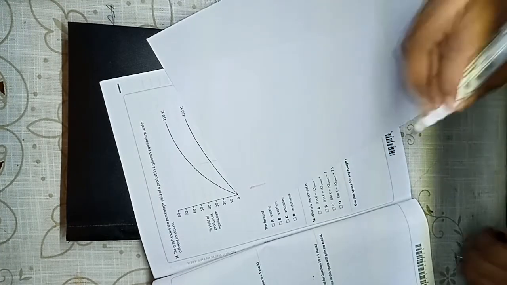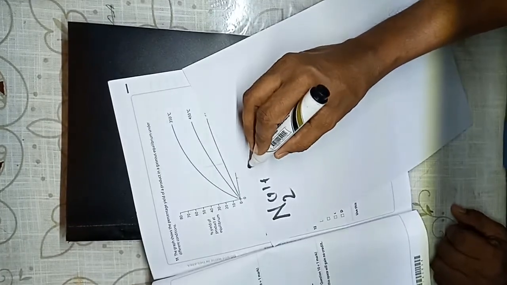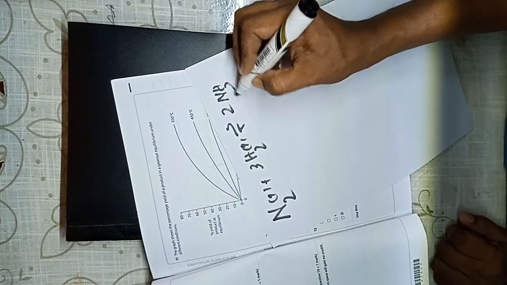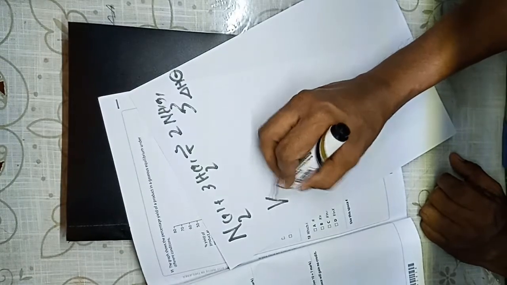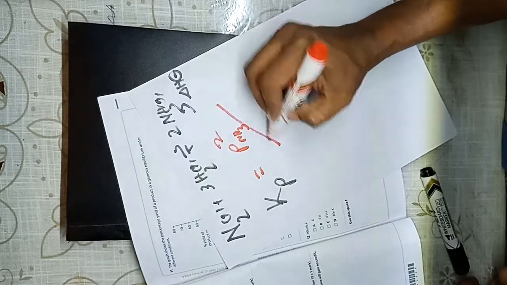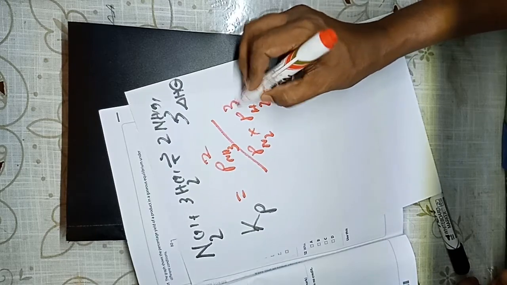We'll explain it using an example here. N2 gas plus 3H2 gas reversible to ammonia gas. The reaction is exothermic, delta H is minus. Here Kp equals pressure of ammonia gas power 2 divided by pressure of N2 into pressure of H2 power 3.